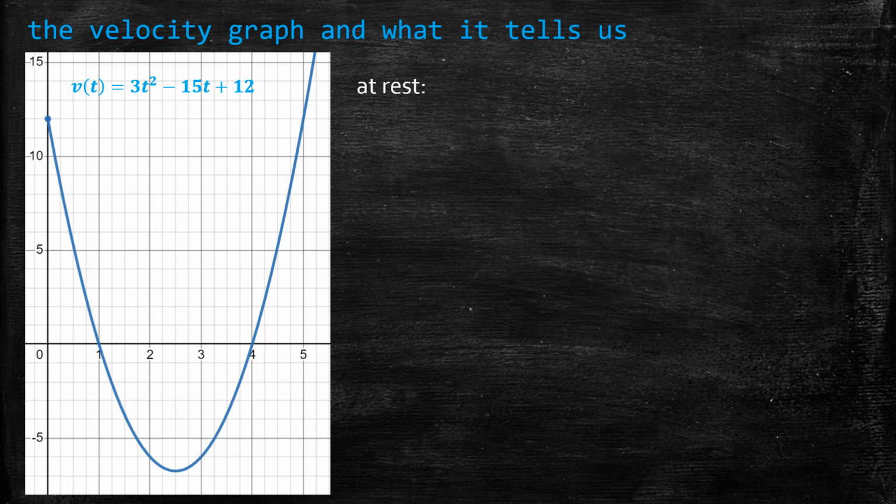Because we know that when the particle is at rest, v of t equals 0. But since we've actually got the graph of the velocity, we are just looking for the x-intercepts. So the x-intercepts are where the graph is equal to 0, where the velocity is equal to 0. And once again, we know that that's at t equals 1 and 4.